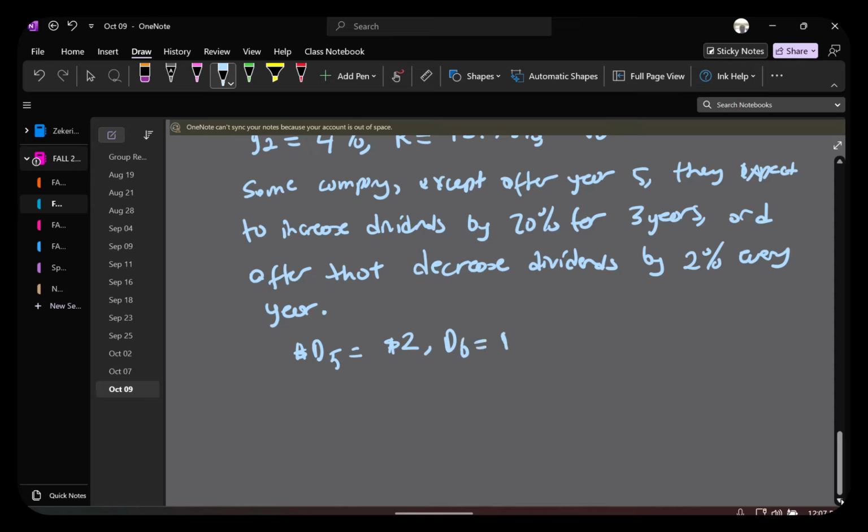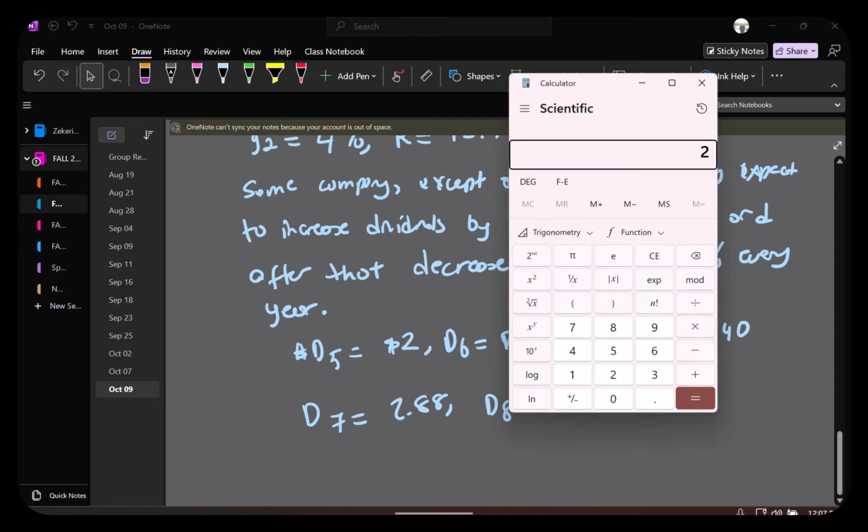So D6 is going to be D5 times 1 plus 20%, which is 2.40. Similarly, D7 is going to be 20% more than that, 2.88. Just to make sure. Yeah, times 1.2.